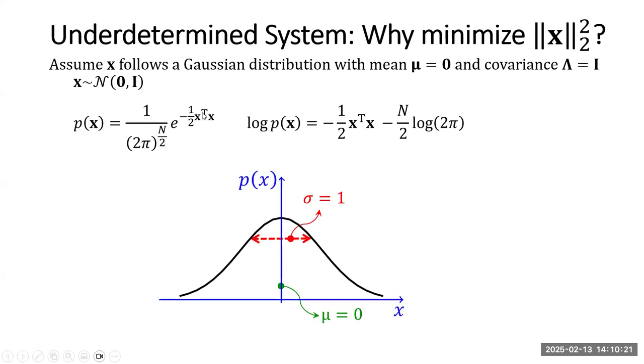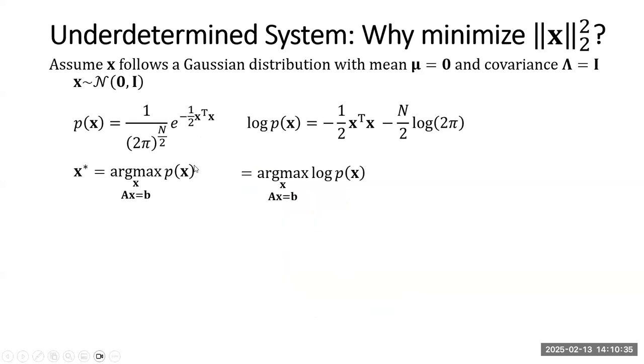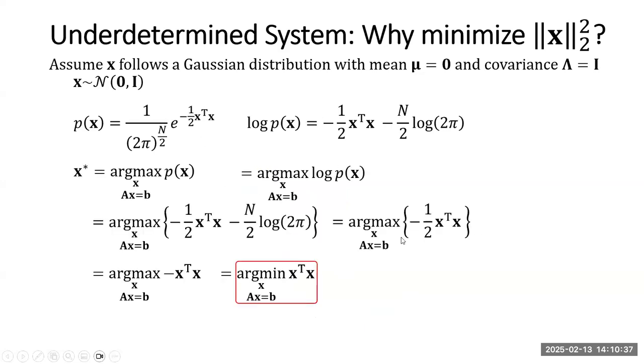This would be a negative of the L1 norm, not the L2 norm squared. Then the approach would be different. We would be trying to solve the argmin of the L1 norm of x subject to Ax equals b. That's lasso regression. But the way I did it is ridge regression.